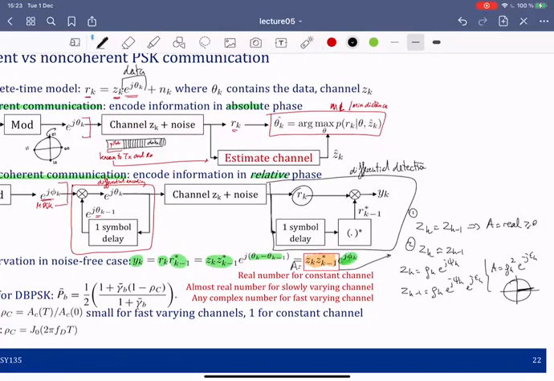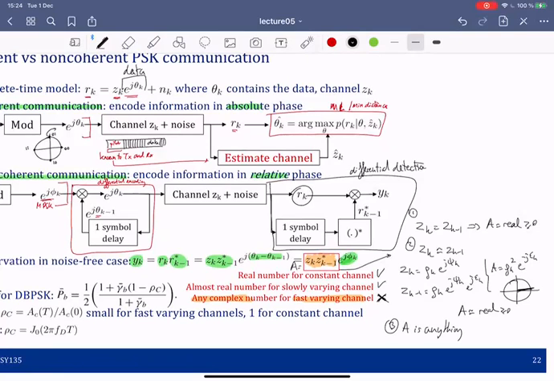So it's almost real. So that means A is approximately real, greater or equal than 0. There's a last case when the channel is varying very quickly, then it can be any complex number. So this is the third case. Then A can be anything. And then you cannot communicate. So here you can communicate, here you can communicate, but in the third case you cannot communicate.